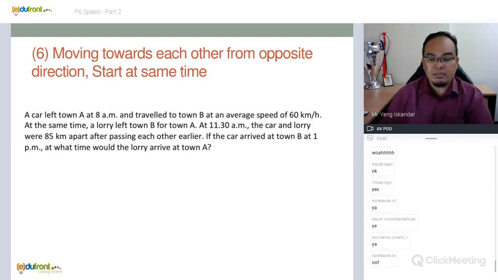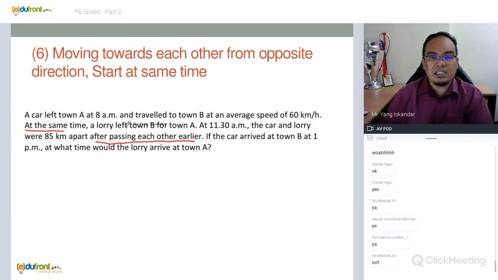At the same time, a lorry left town B for town A. That means it is from the opposite direction. At 11:30 a.m., the car and lorry were 85 kilometers apart after passing each other earlier.